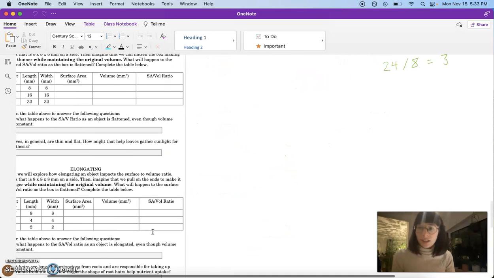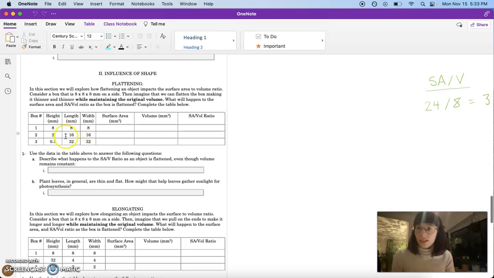When you get down to these down here, you're going to start seeing different dimensions for the lengths, height, and width. And I guess I'll just do an example since we're here. So in this case, let's do this second line here.